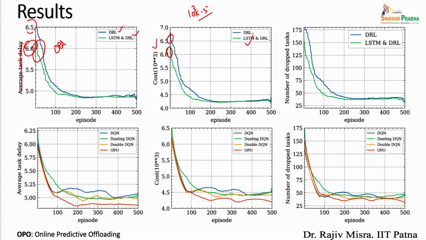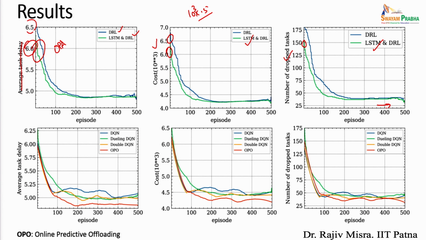Now, the number of dropped tasks. Here, if you consider LSTM and DRL, the reduction is also significant in this way, but as the number of episodes increases, it stabilizes.